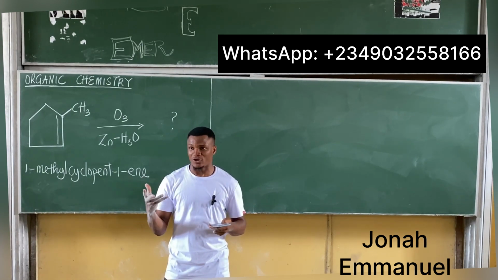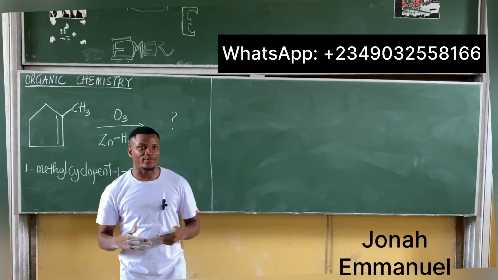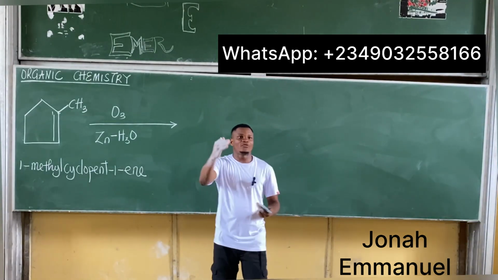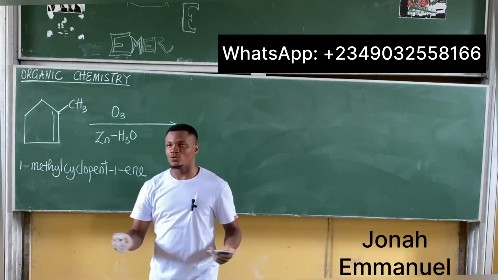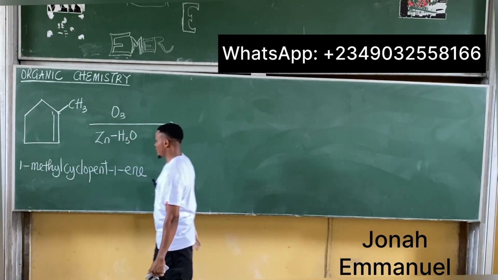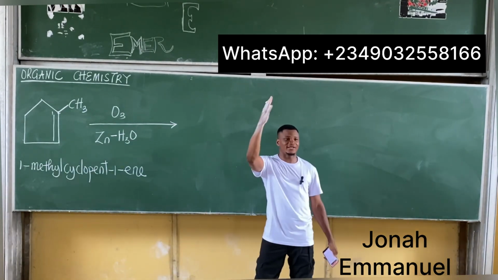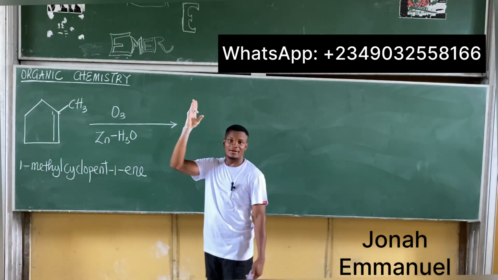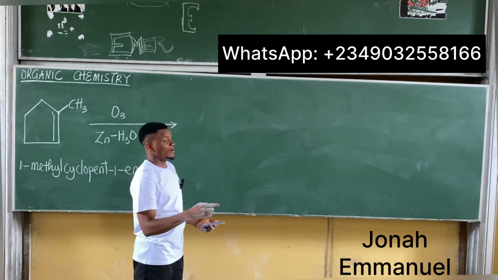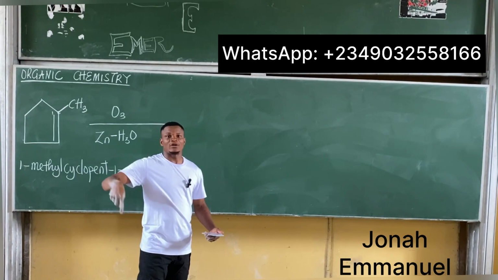So please try to draw the structure. I've talked about alkanone, so see if you can get the structure, please. First things first, if you do the ozonolysis of 1-methylcyclopent-1-ene, what's the first one there?